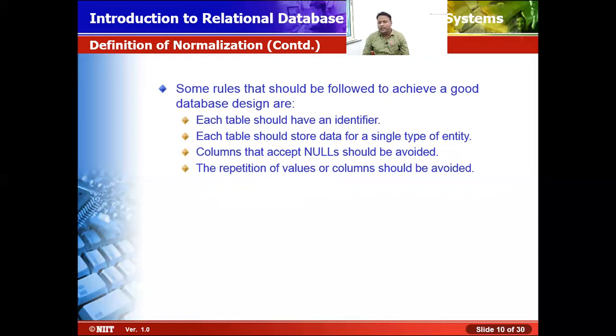If you are creating a table for student, it will only store information regarding the student. Columns that accept null values should be avoided. Which column contains null values, you have to avoid it. The repetition of values or columns should be avoided. Which value is repeated and which column is repeated, you have to avoid it. Clear?